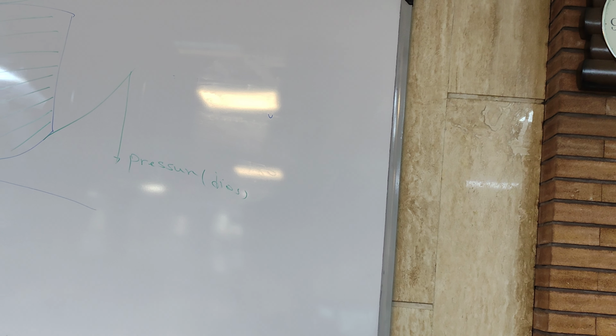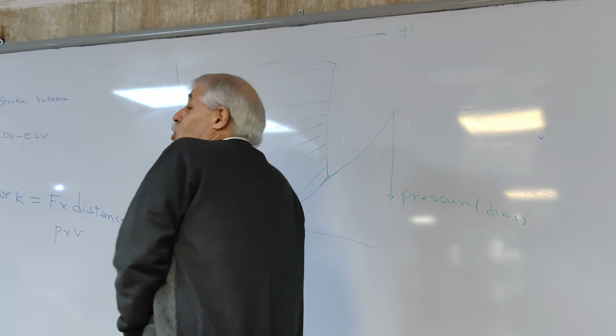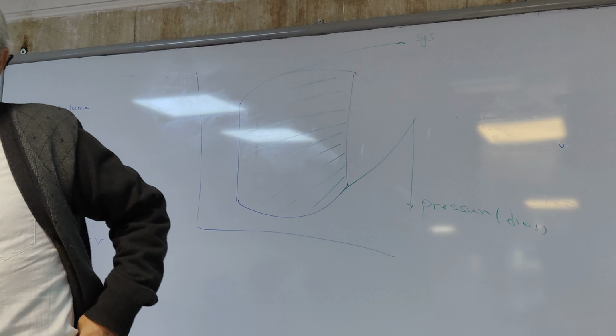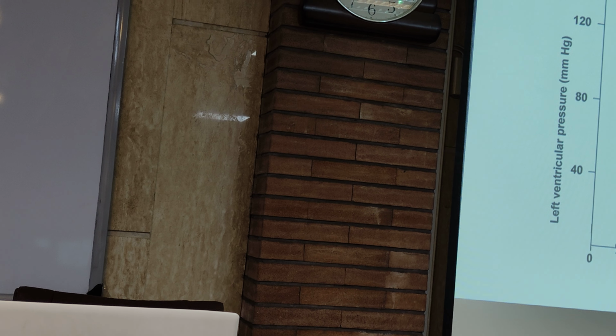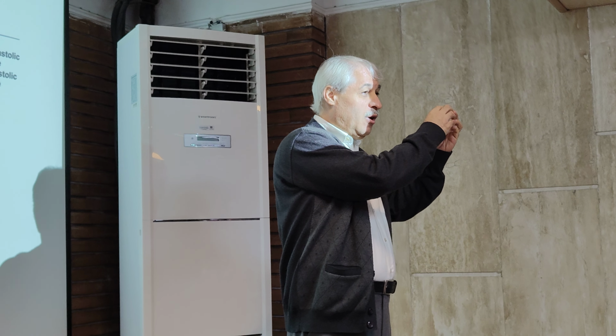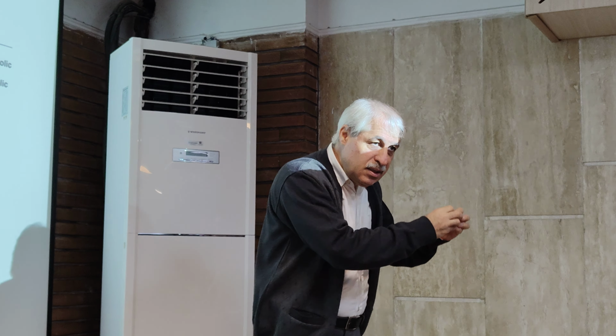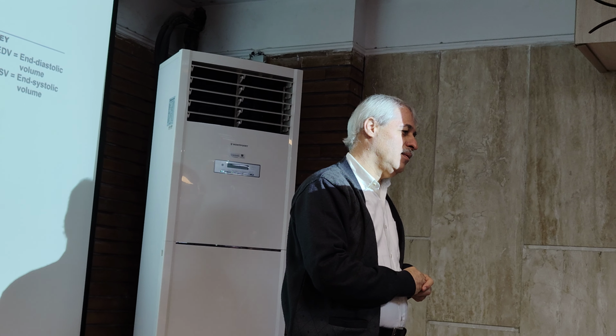This stroke work output is actually in two forms. Most of this work is done when the blood is moving from low pressure veins to high pressure arteries.